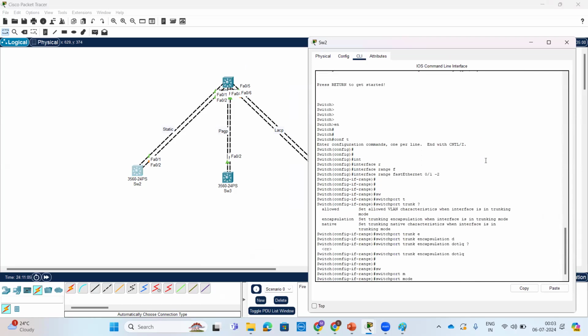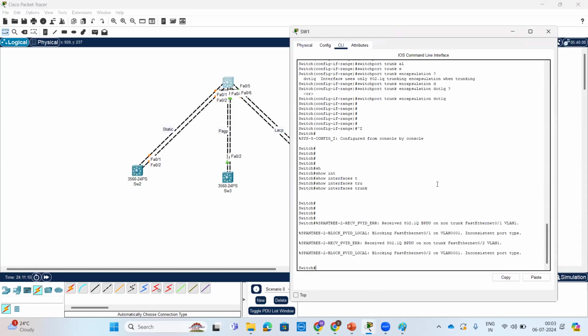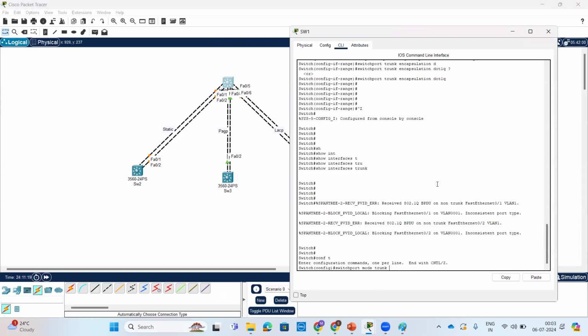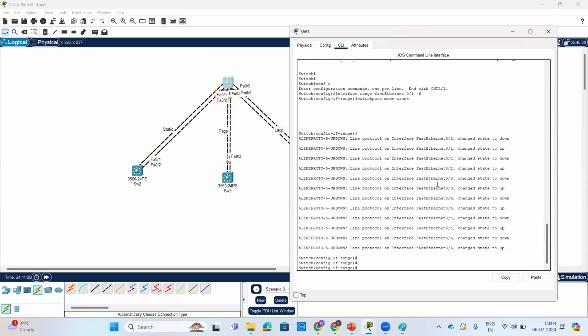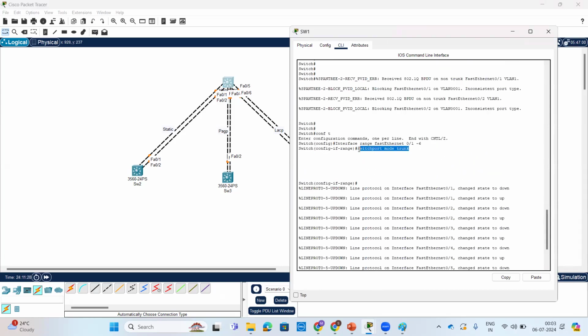Switch port mode trunk. I have not given this command here, I think. Once the port goes down, then it will come up. So now enable the trunk on both ends.